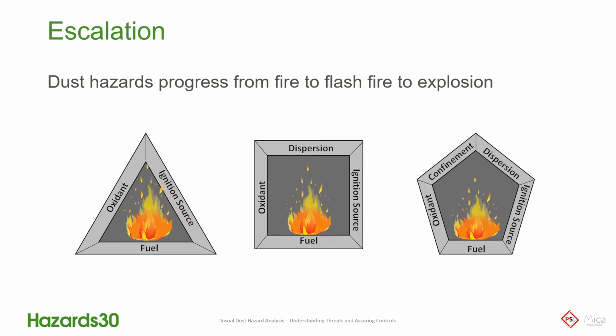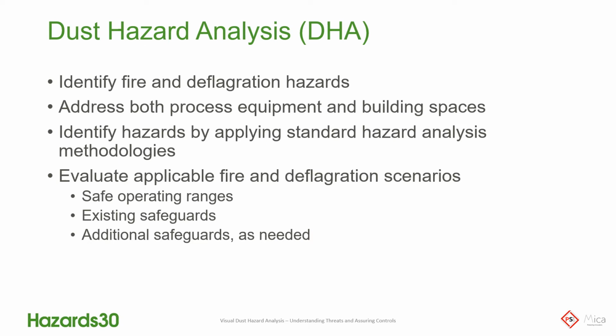So the migration from the fire triangle to the fire pentagon, where you're combining the fuel, some oxidant, some confinement that gives you the overpressure, dispersion, and the ignition source.